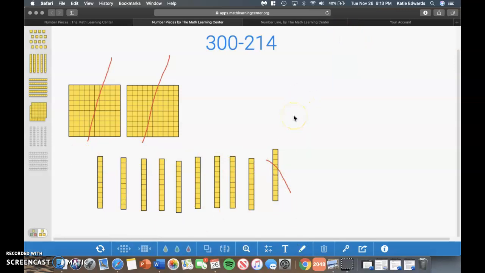From there, the last thing they would need to do is take away 4 ones, but there are not any individual ones, so they would need to trade in 1 ten for 10 ones, which would turn into this.